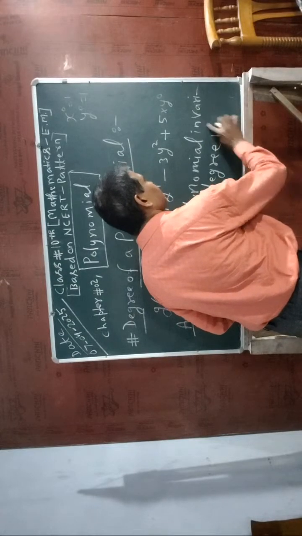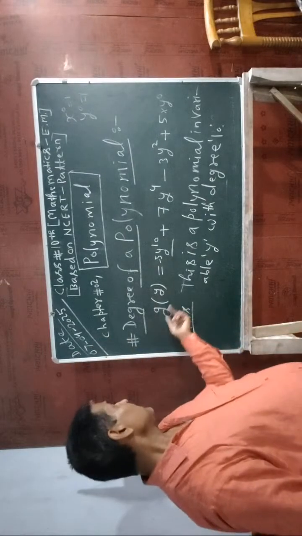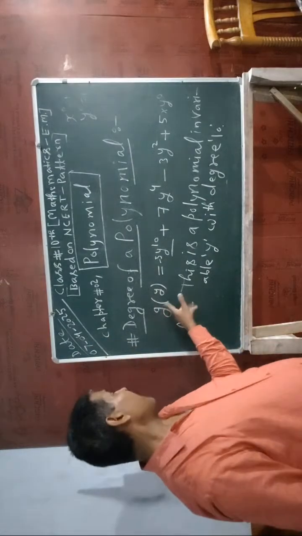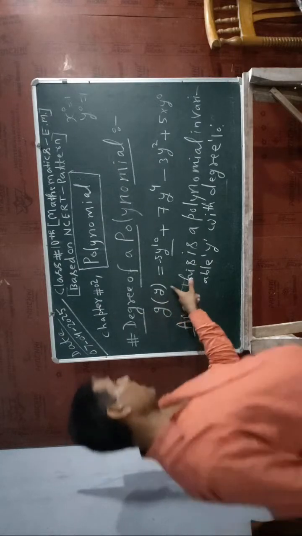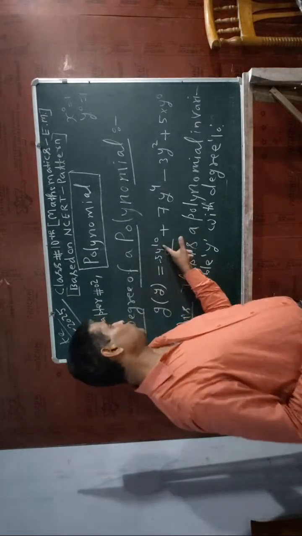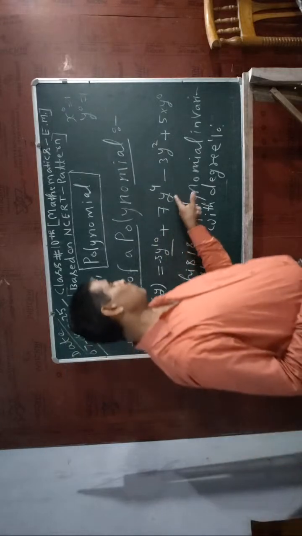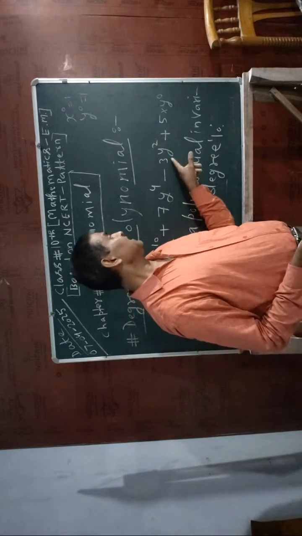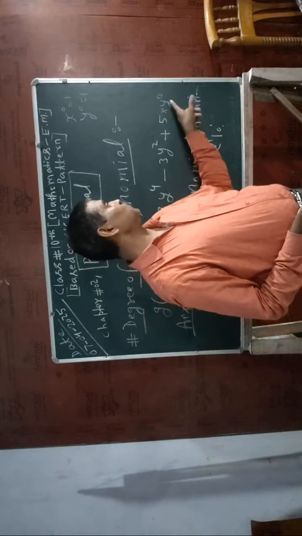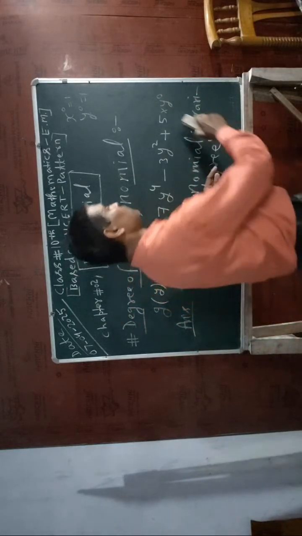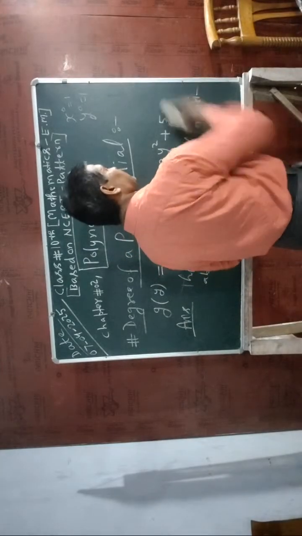So here I have written one polynomial, and that polynomial is in this form: g of y is equal to minus 5 y to the power 10 plus 7 y to the power 4 minus 3 y to the power 2 plus 5 into y to the power 0, and y to the power 0 is 1.